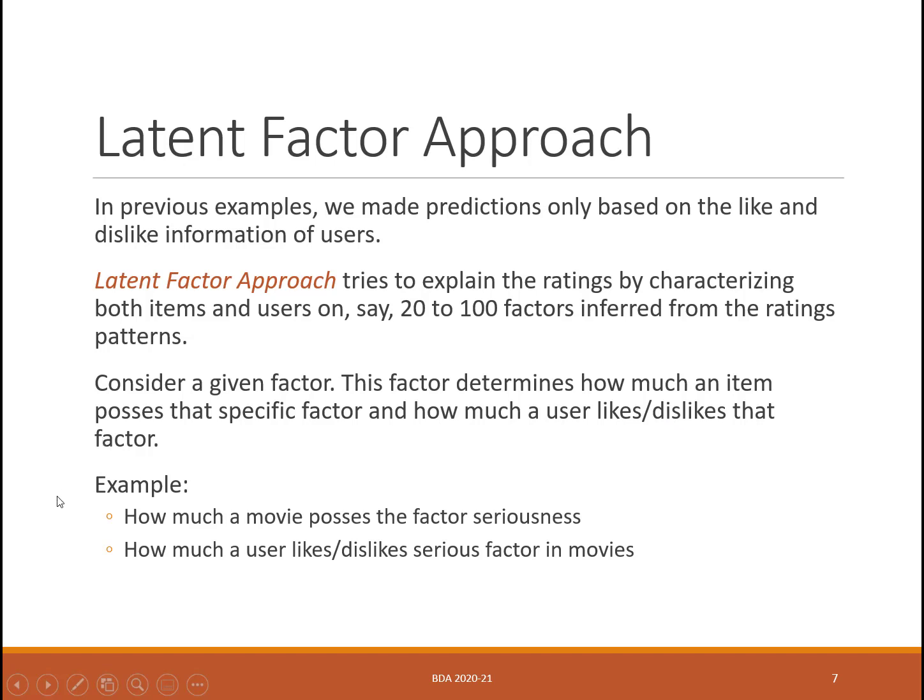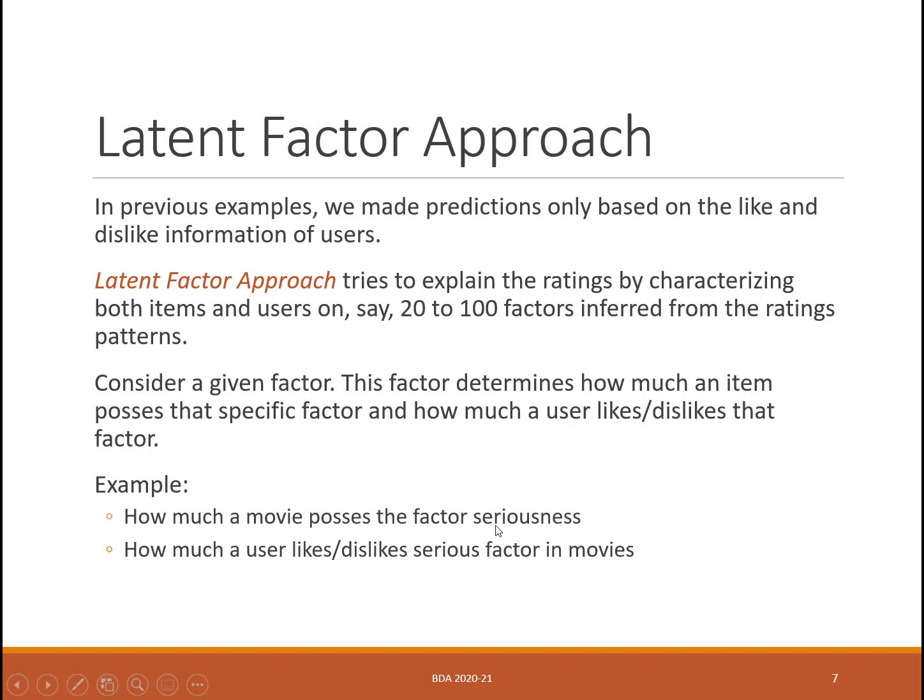For instance, consider a given factor, seriousness. The seriousness of a movie can be expressed as a number based on its content. Please note that the factor value might be a positive or negative number. In other words, the more serious the movie, the higher the factor value.